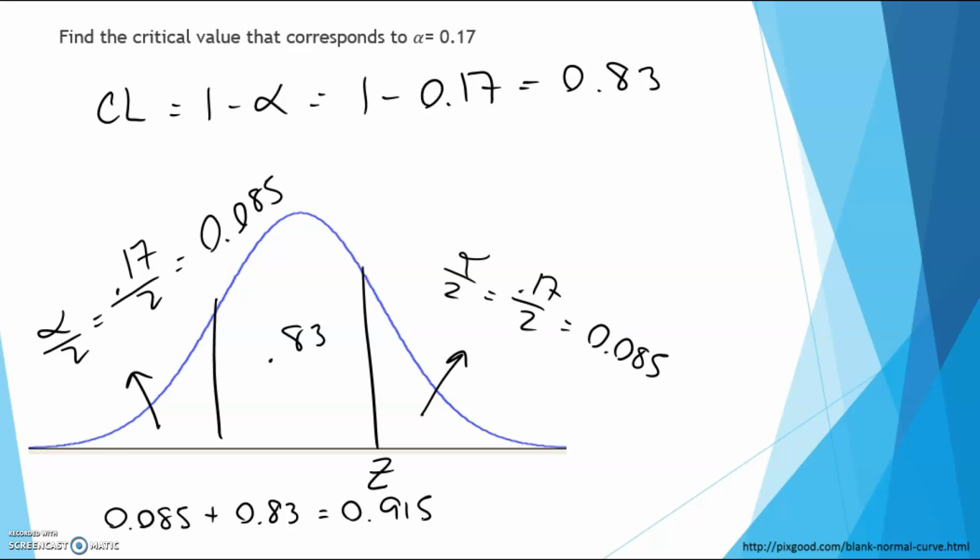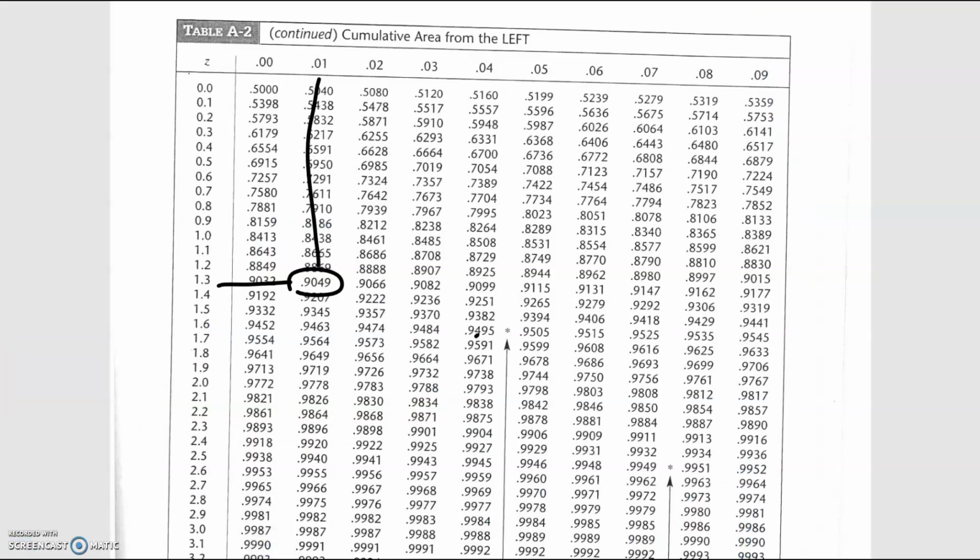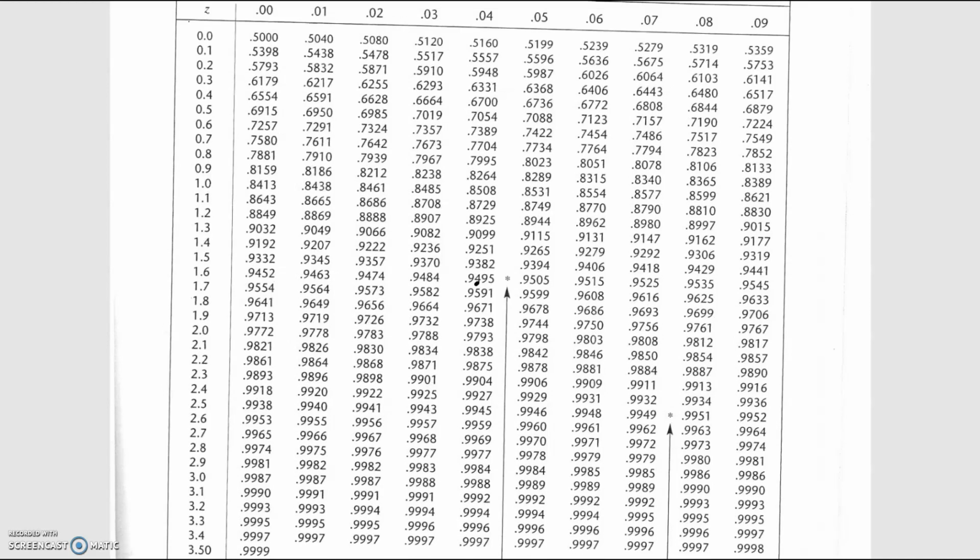So then I go back to my table, and somewhere here in the middle, not on the edges here, but somewhere in the middle, I need to find 0.915, which looks like the closest would be right here, 0.9147. That'd be the closest one.